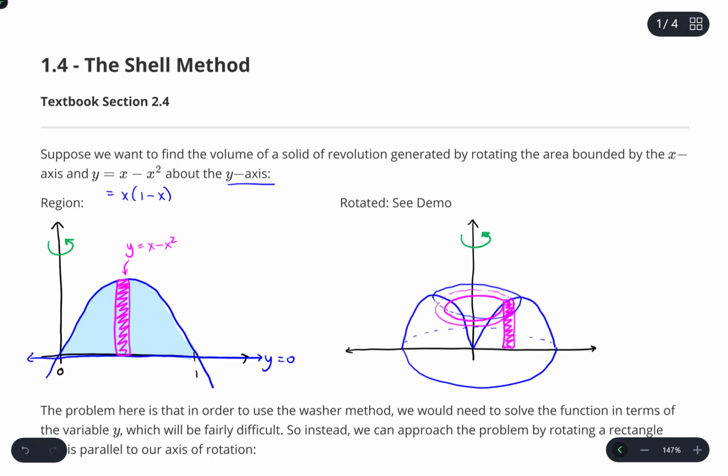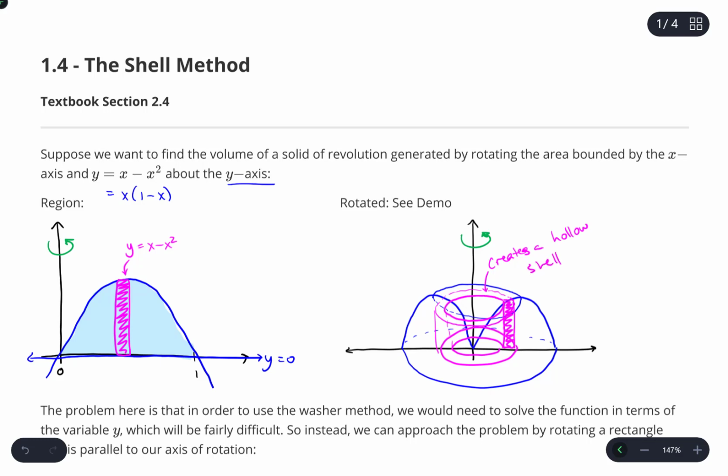The bottom would also rotate around, and this would rotate around as well. And it makes this shape that is kind of like a shell. So this region creates a hollow shell kind of region.